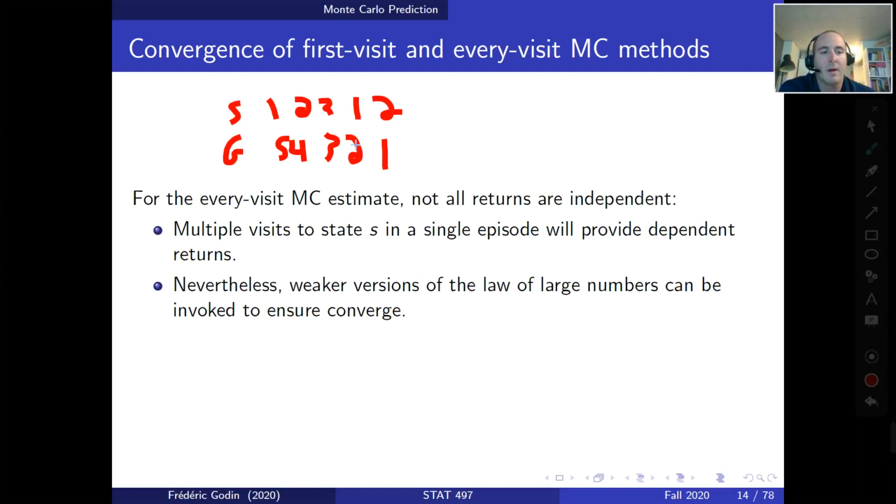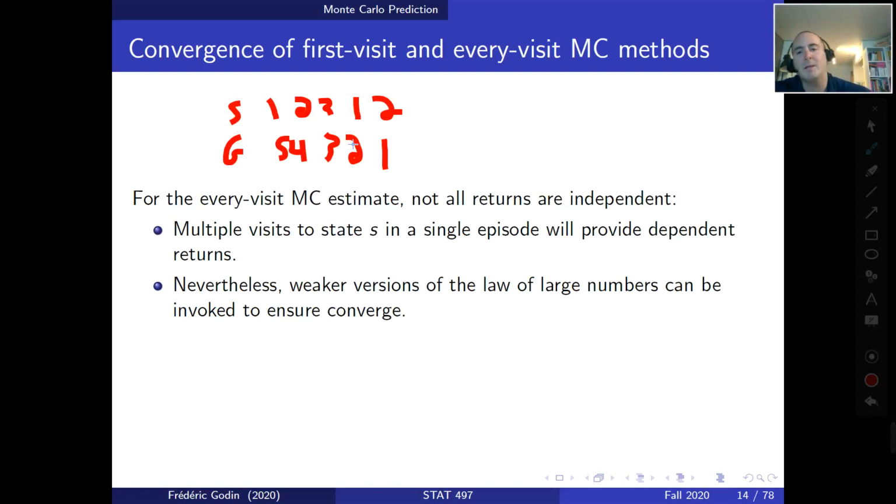Which you average. Okay, nevertheless, we can invoke weaker versions of the law of large numbers. So again, we won't go into technical details about these more complex probabilistic results, but we will just limit ourselves to saying that there are more general versions of that theorem which can still consider dependent variables where the dependence is not too strong, and you still have convergence asymptotically to the true average.